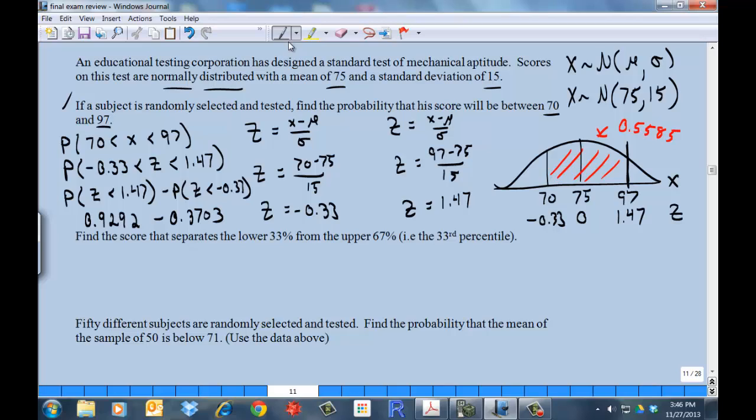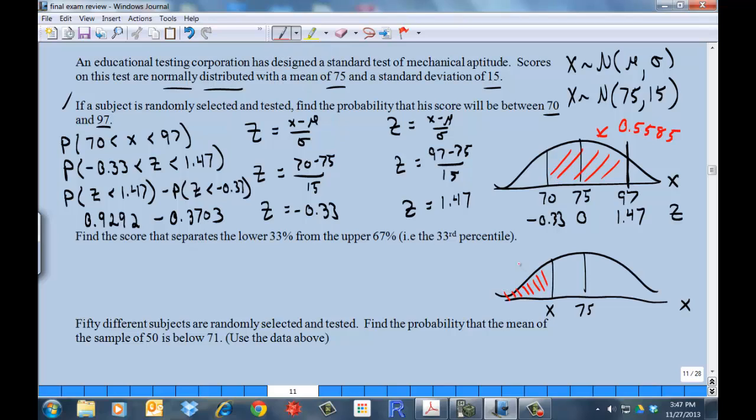Okay. Second part, find the score that separates the lower 33% from the upper 67%. So we've got a bell curve here, 75, and we want to find the score, the exam score, that separates the bottom 33%.